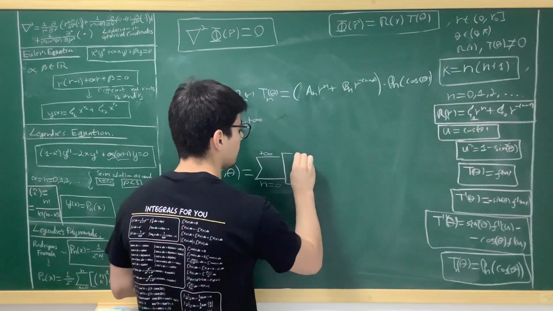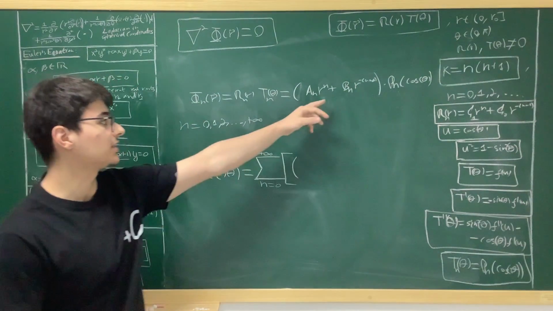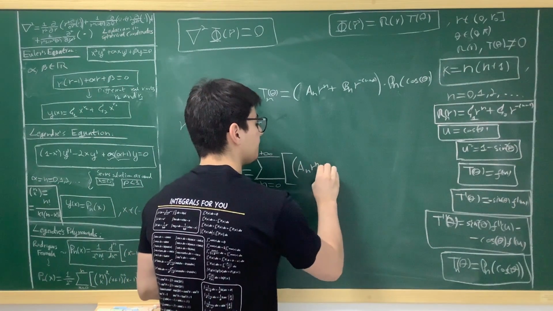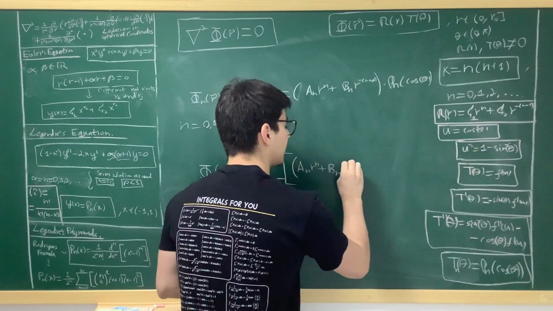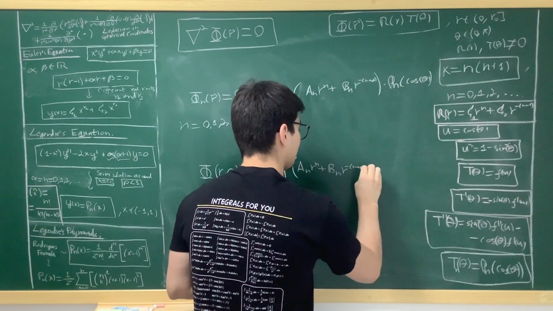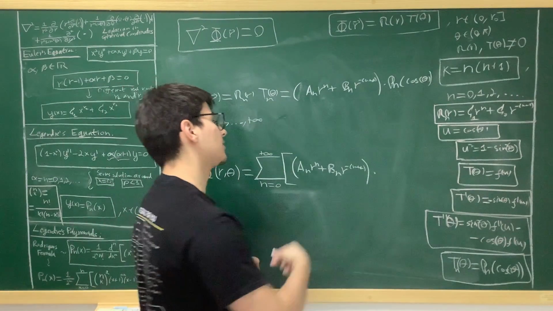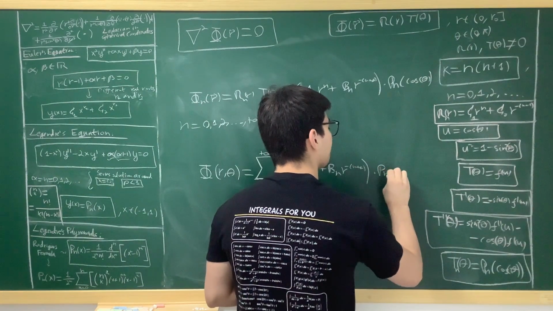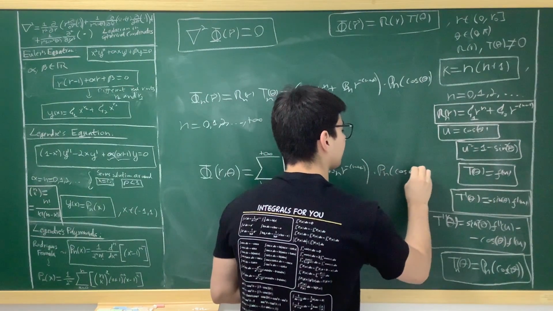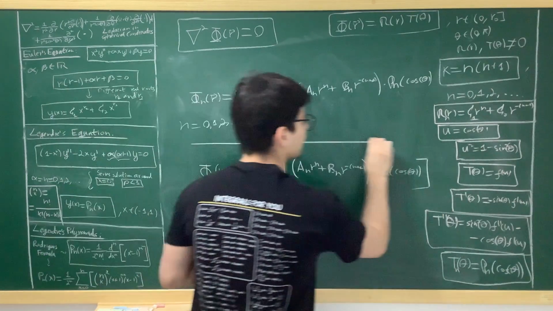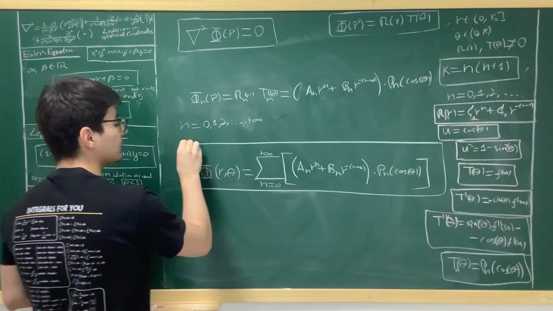Of R n, which is this, a_n r^n plus b_n r to the minus n plus 1, times our Legendre polynomials, which is this. And well, we are actually done.